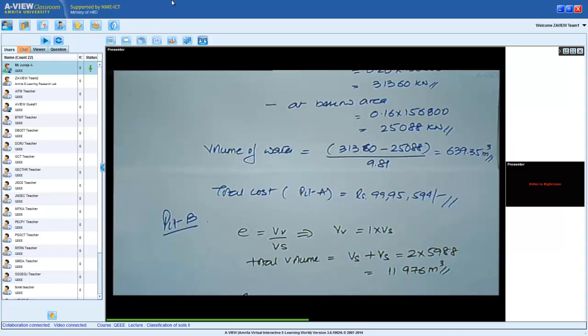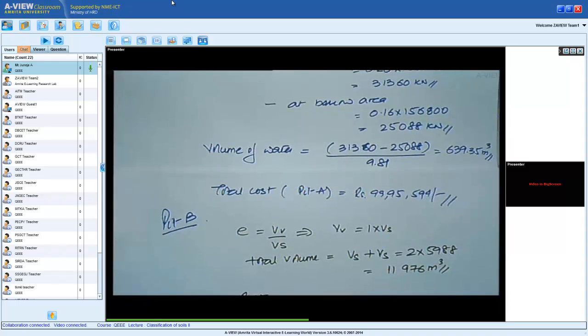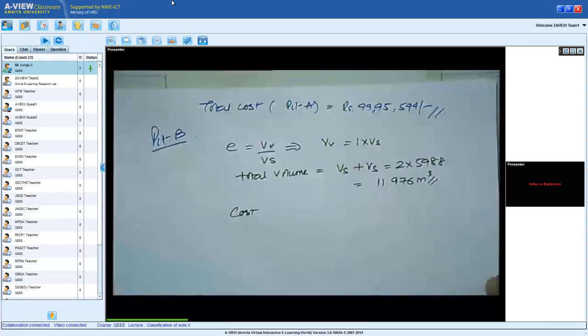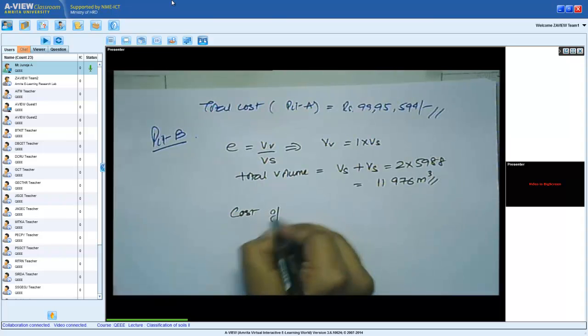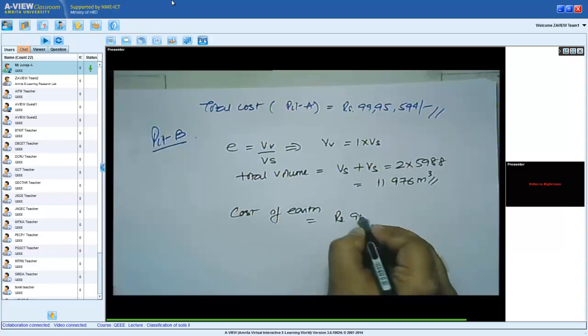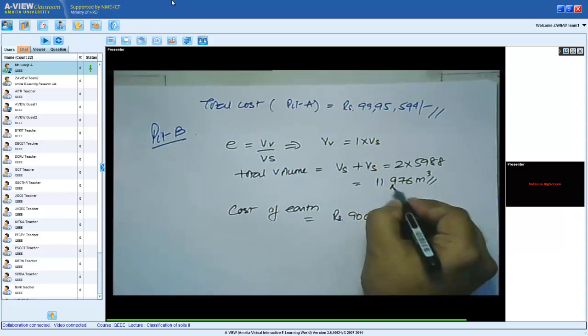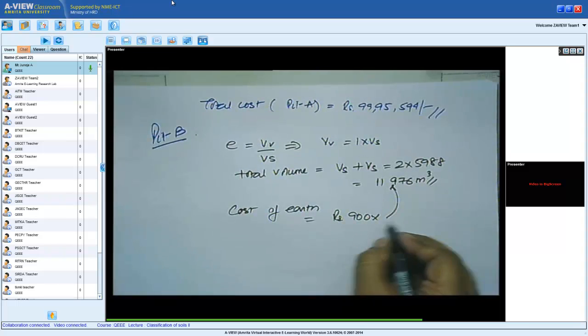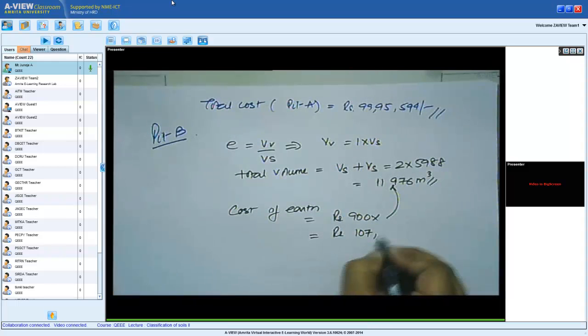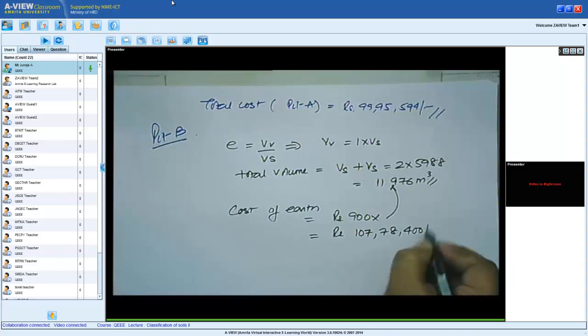The cost of earth equals rupees 900 times this number, so it gives a value of rupees 107 lakhs 78,400.